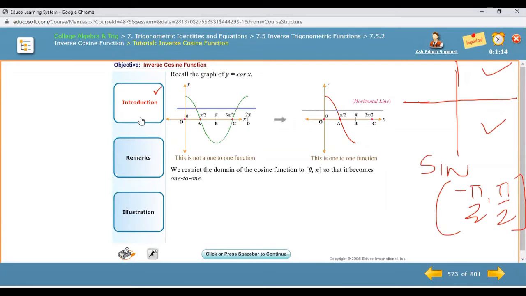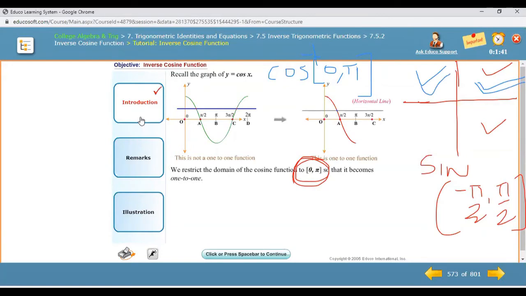Cosine is from 0 to pi. That means the inverse of cosine is in the first quadrant or in the second quadrant.